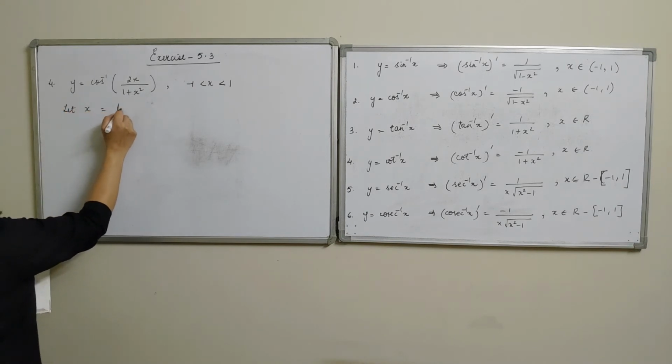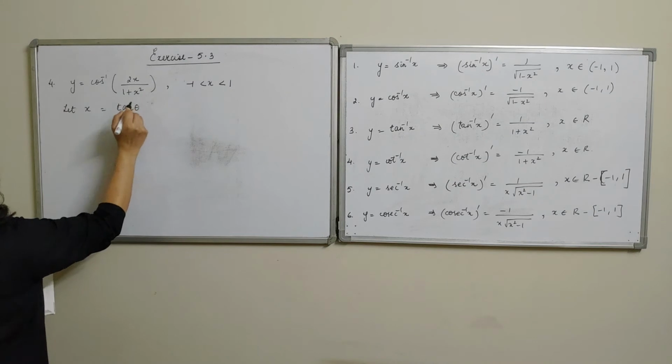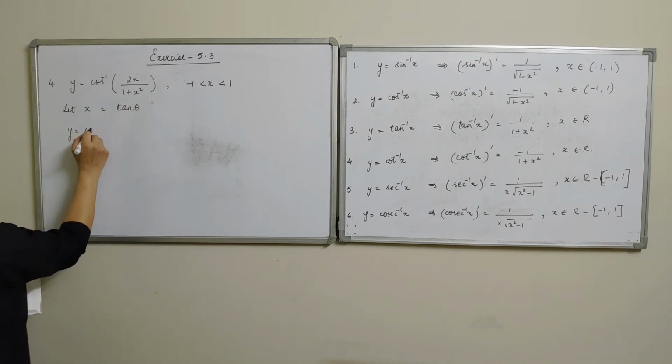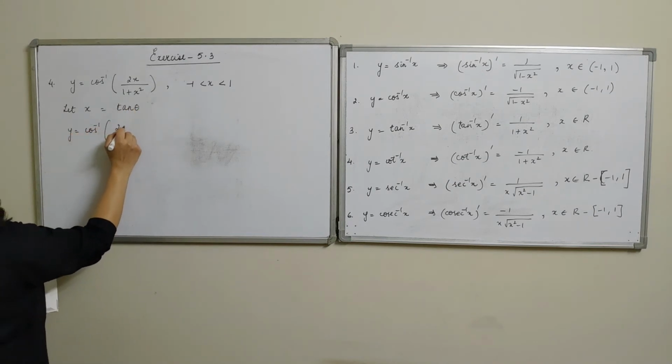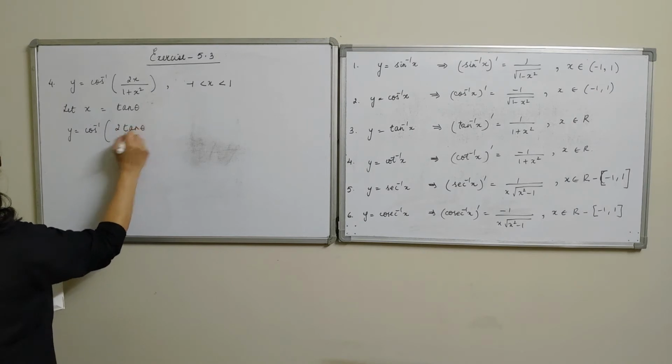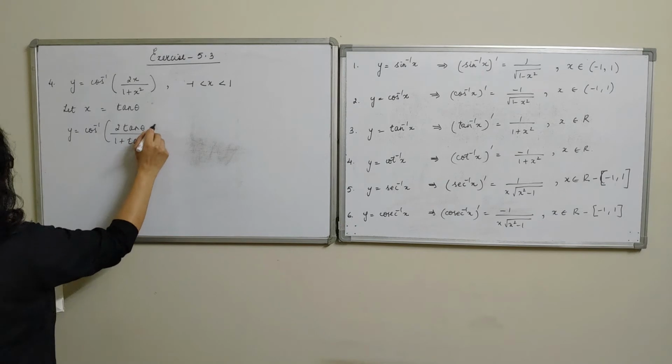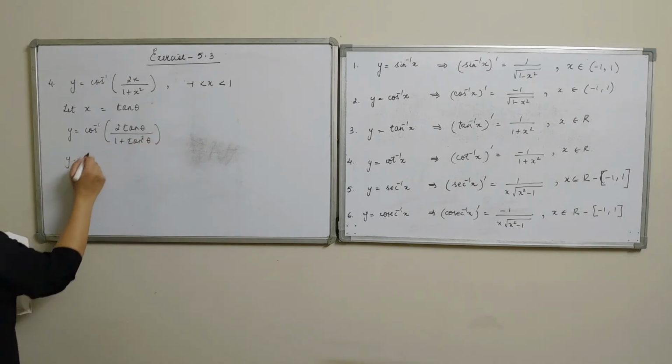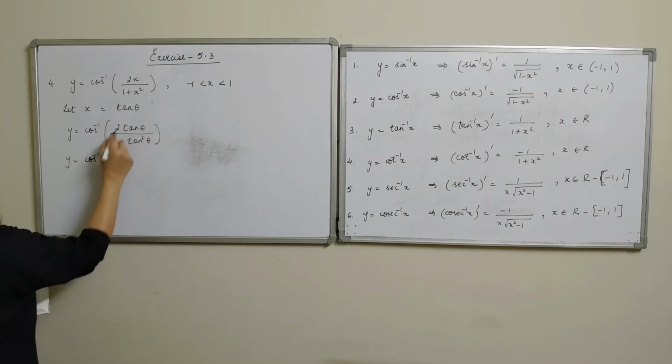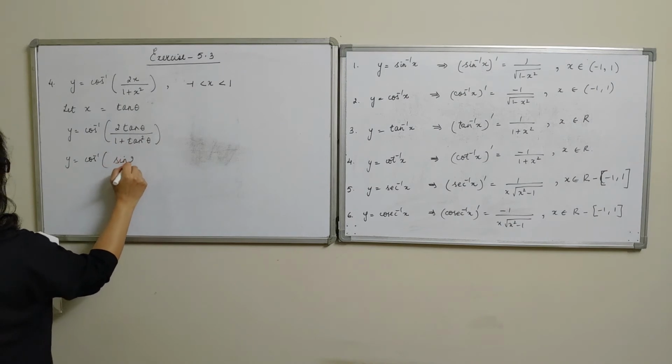Let us substitute x as tan theta. So y is cos inverse of 2 tan theta upon 1 plus tan square theta. The identity here is for sin 2 theta.